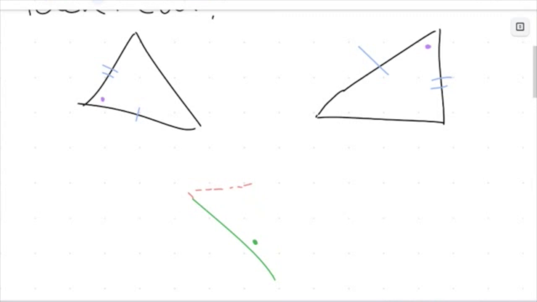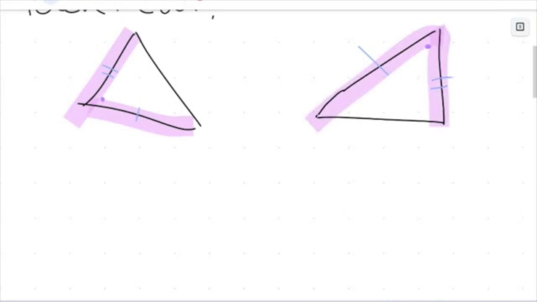So by that logic, if we had the same angular separation between these two lines and these two lines, what does that allow us to say about the side here? Well, if the separation between these two arms is the same size, the opposite side is going to be equal as well.